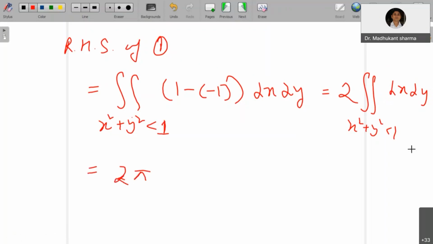So if you are able to observe that, you can write it down directly. Or else you can use the parametric forms, or polar coordinates, whatever. Now we have to evaluate the left hand side.